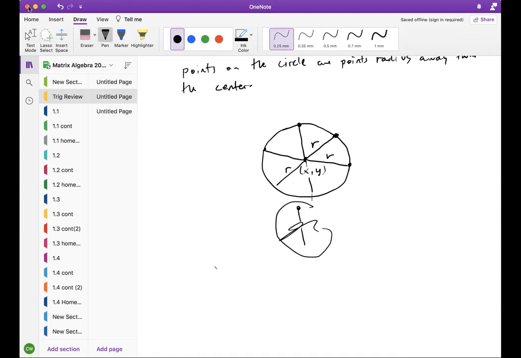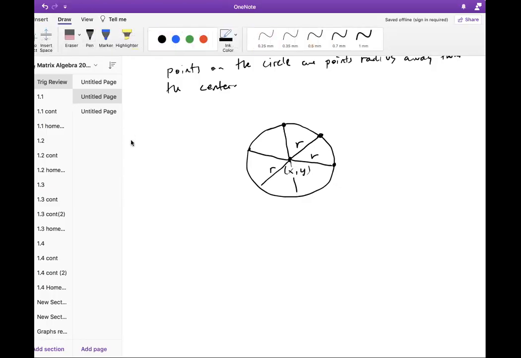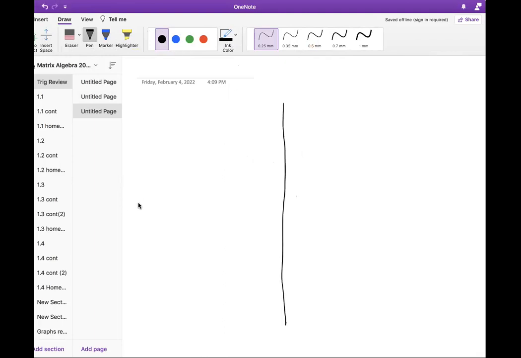Okay, so if we position a circle with center at the origin, and with some radius, so if the radius is r, then this point would be r comma 0.